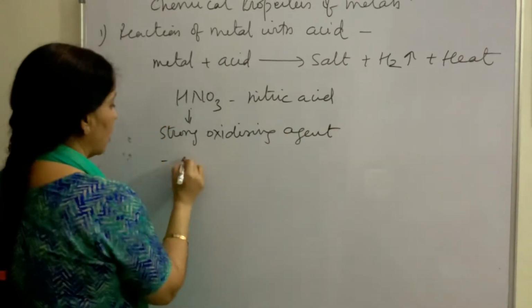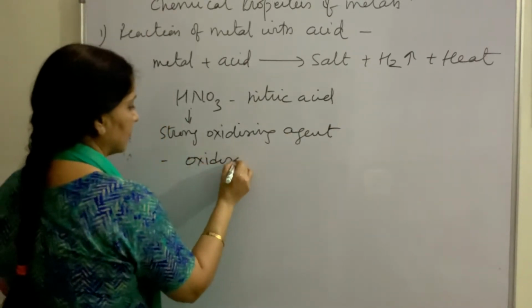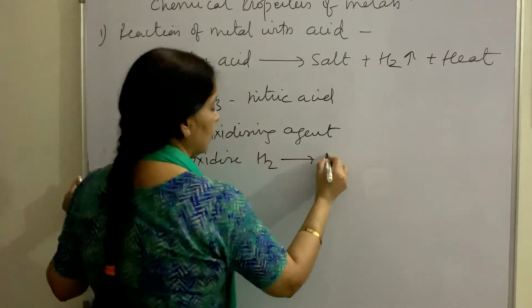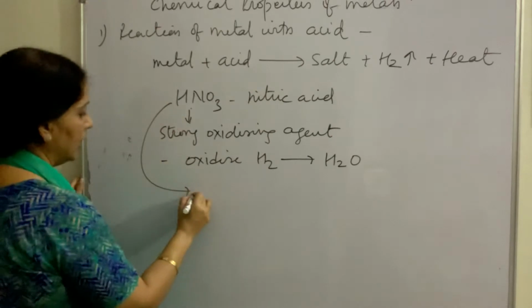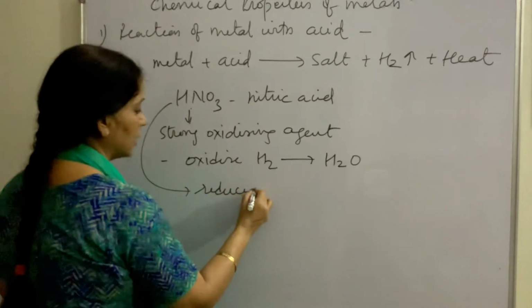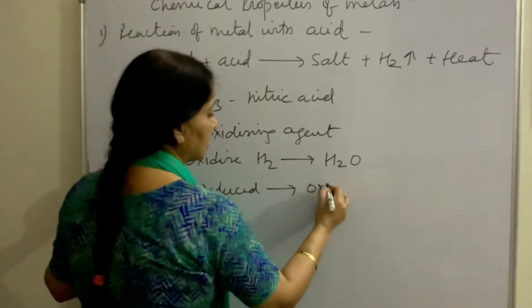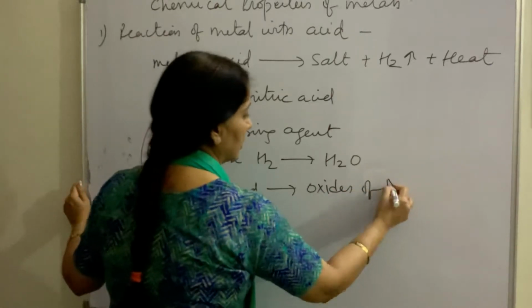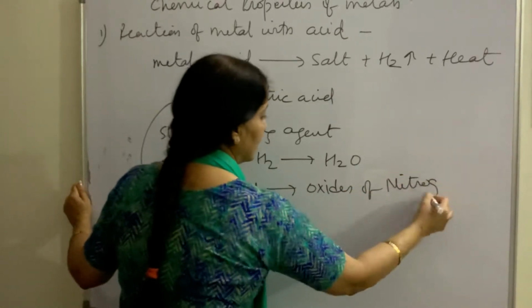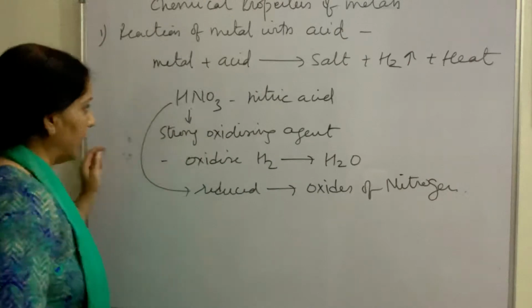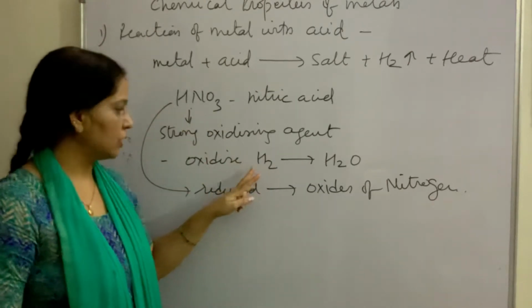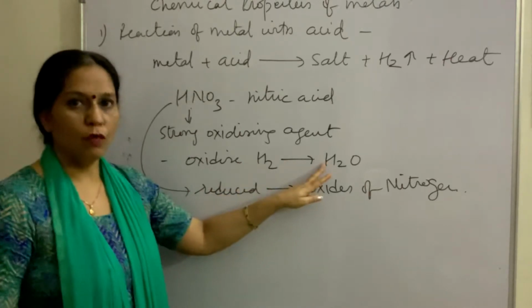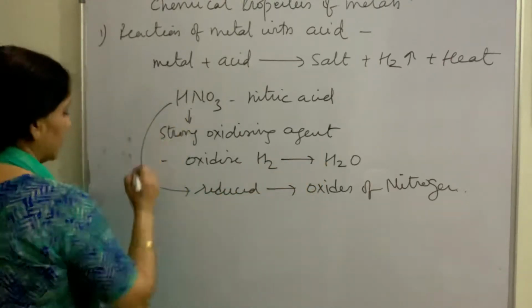It will oxidize hydrogen to water and nitric acid itself gets reduced to oxides of nitrogen. That is why when nitric acid reacts with metal, hydrogen gas is not released, because it will oxidize hydrogen to water. Right?